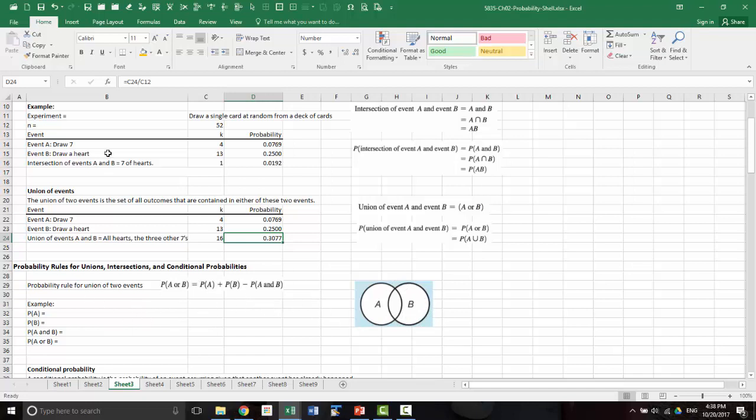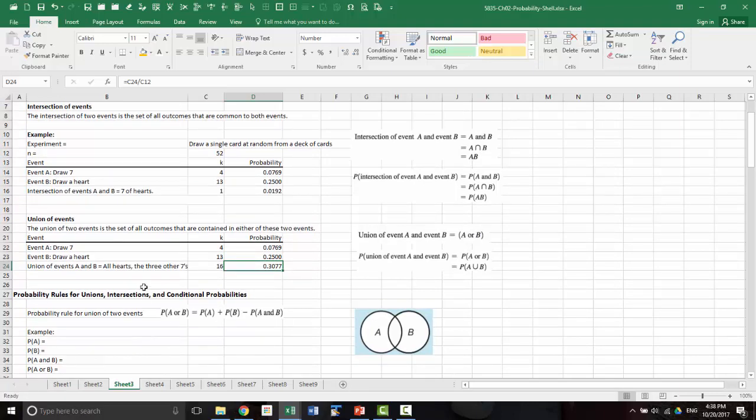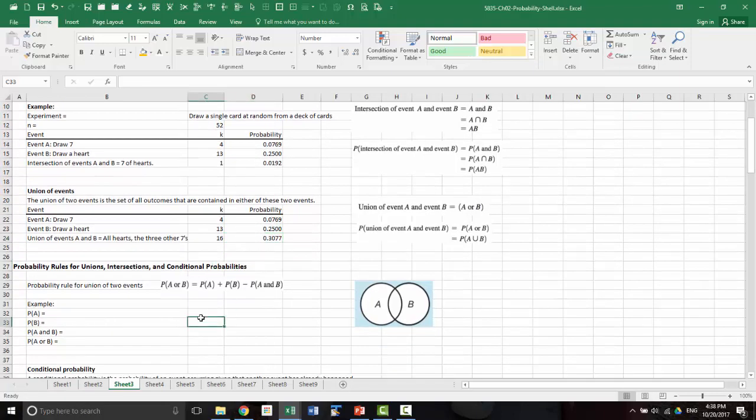Let's apply this rule to the probabilities of A and B here. Event A from our example is draw a 7, so that is the probability of A. The probability of B is this, and the probability of the intersection is that. We have already computed this using basic principles.